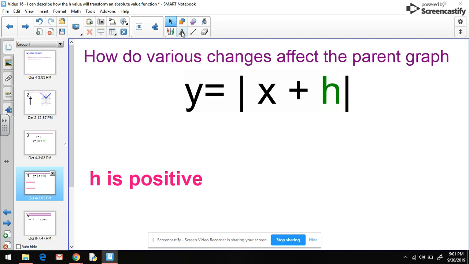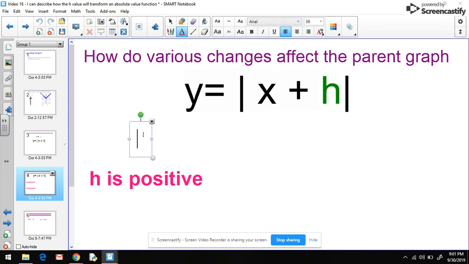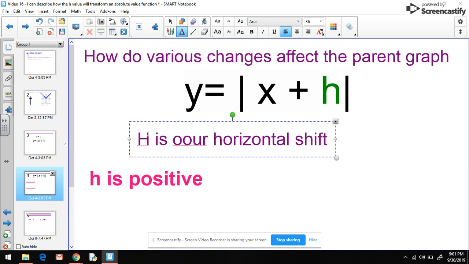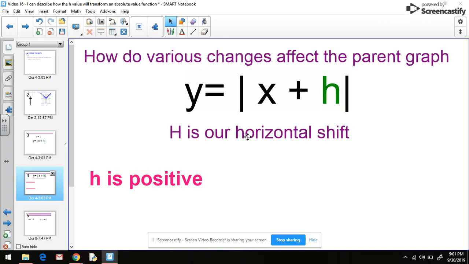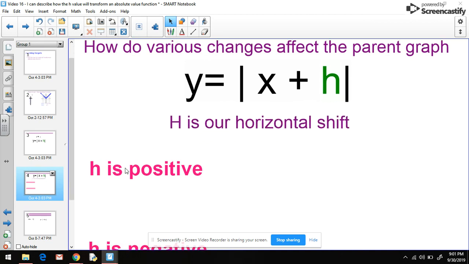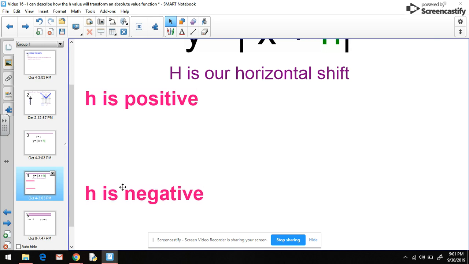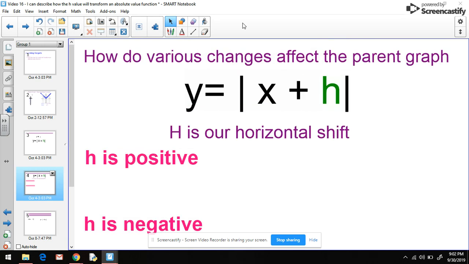So the first thing we're going to add in here is we're going to actually make a comment that h is our horizontal shift. So it's how we move left to right. So that's the first thing. And the easy way to remember this is h stands for horizontal. Now the next thing we need to summarize is what happens when h is positive and what happens when h is negative.